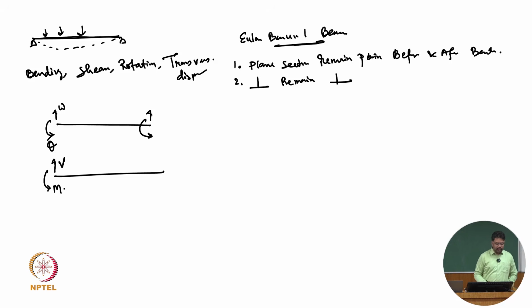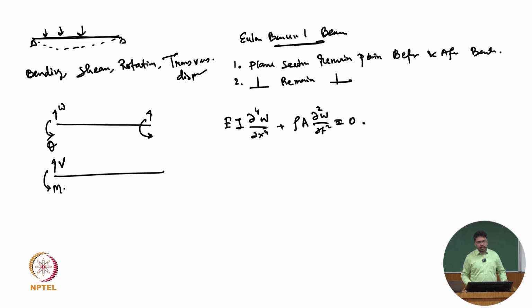Fine. So from there, if we derive the full equation of motion, we can get that, the equation of motion of the domain of an Euler-Bernoulli beam.